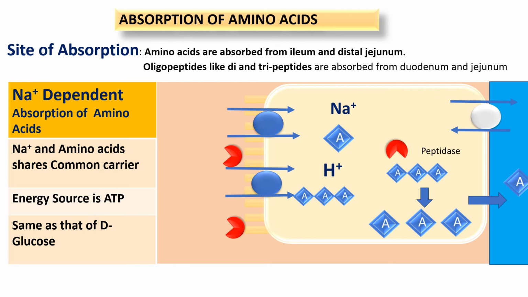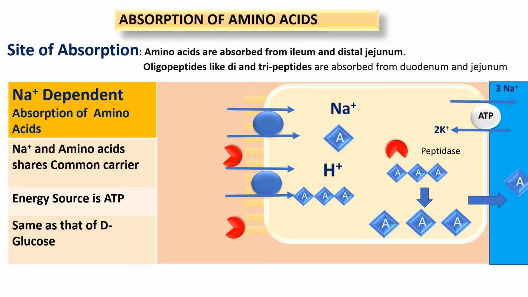This is because we have a sodium potassium ATPase, and here 3 sodium ions enter the circulation in exchange for 2 potassium ions. So there is a requirement of ATP, and this step is an ATP dependent step. So the sodium potassium ATPase is active here.